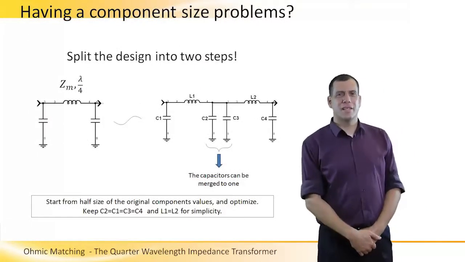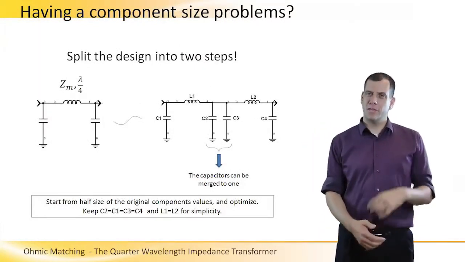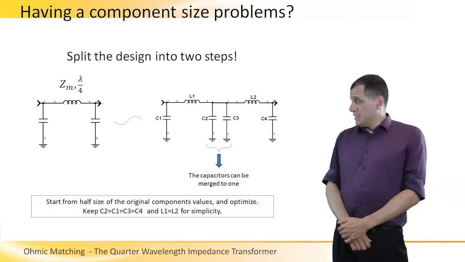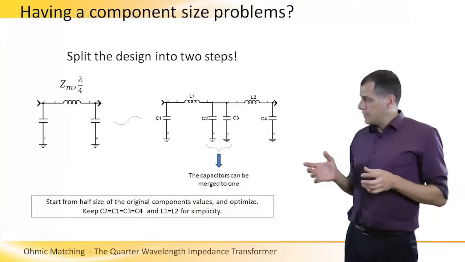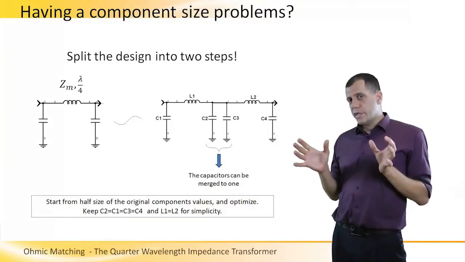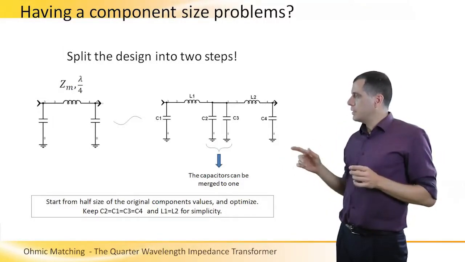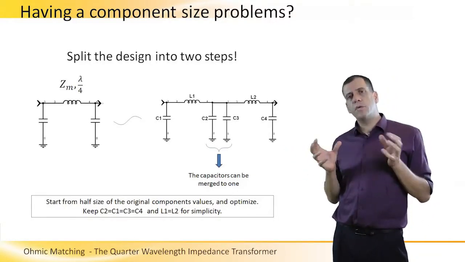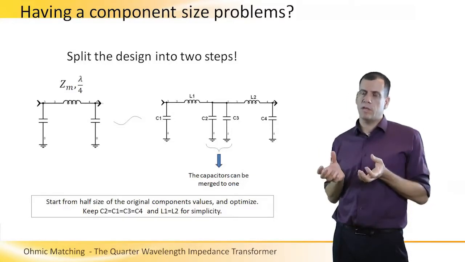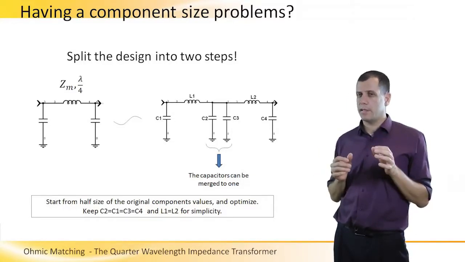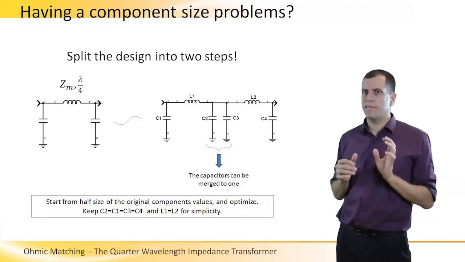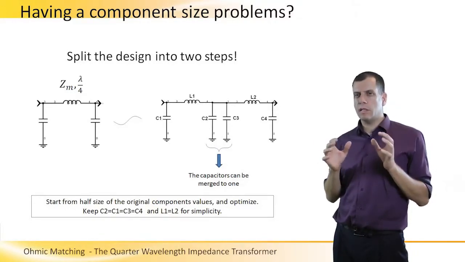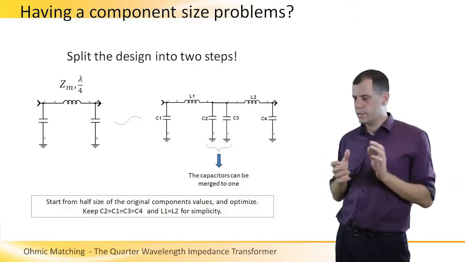Okay, so in this case, there is also one anecdote that I want to emphasize. Sometimes we want to match impedances which are very different from each other. Then we might run into a case where the component values that we get from our calculations are very inconvenient, for instance very close to the self-resonance frequency, not ones that are easy to work with.